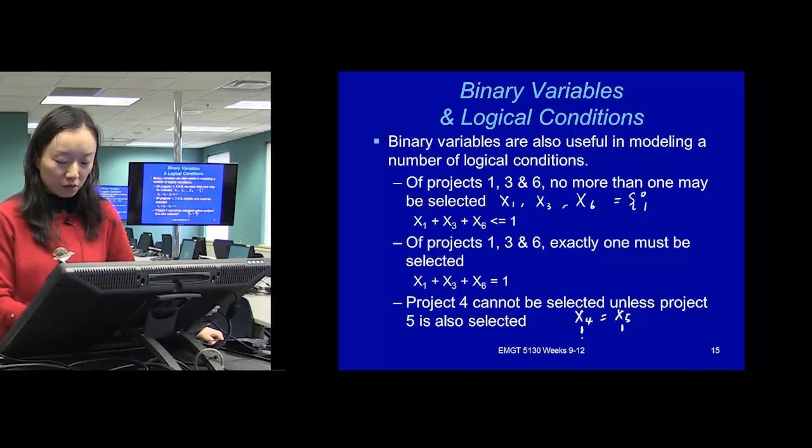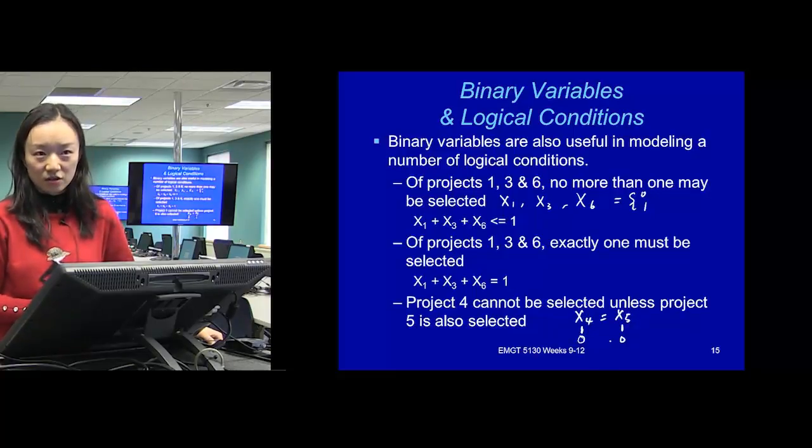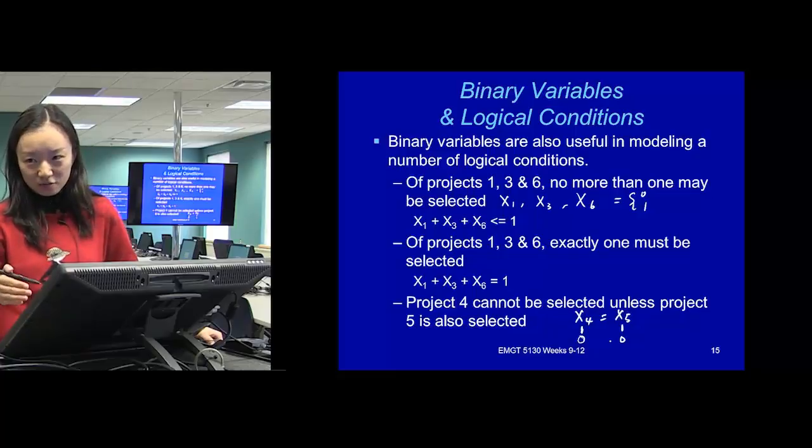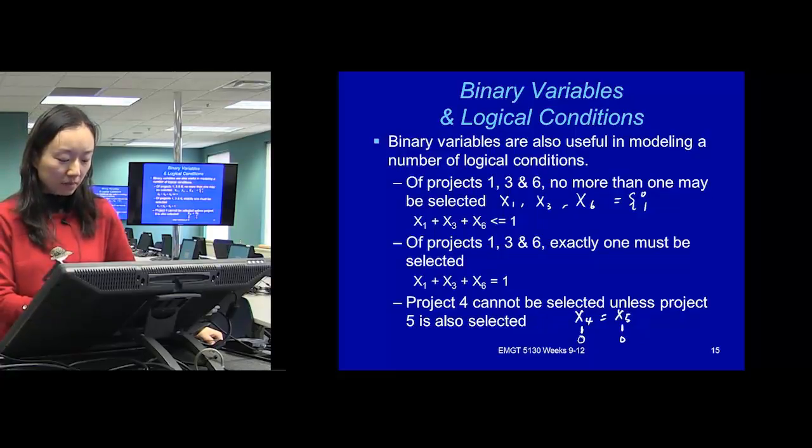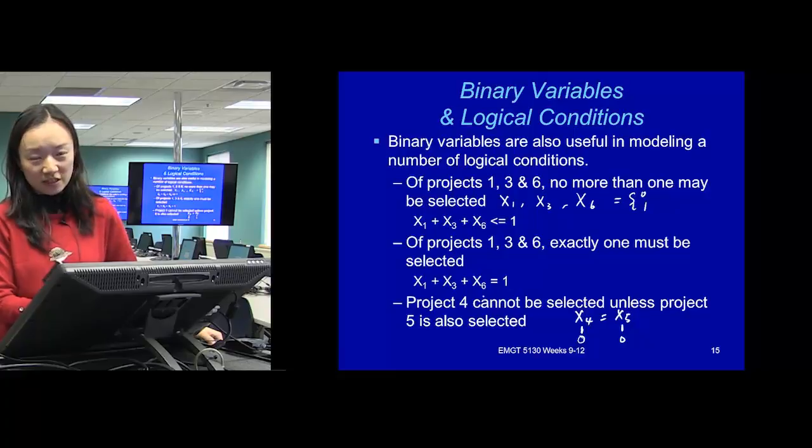But if 4 is not selected, by using this constraint we're saying that if you don't select 4, 5 should not be selected either, which is not right. Because we are only saying the condition for 4 to be selected is that 5 is also selected, but the condition for 5 to be selected is not that 4 also be selected.